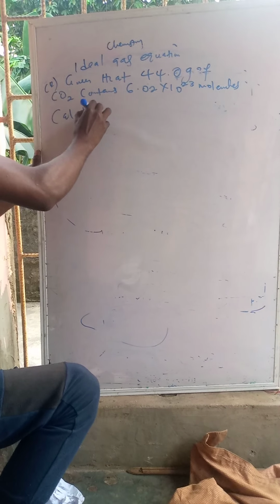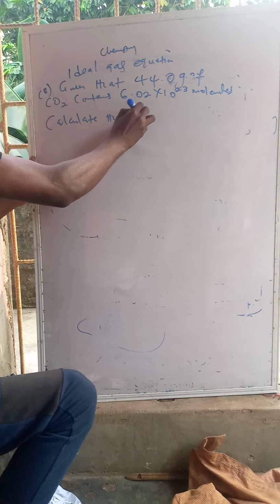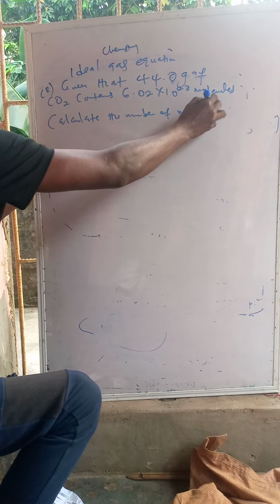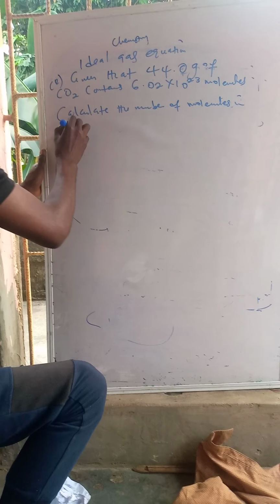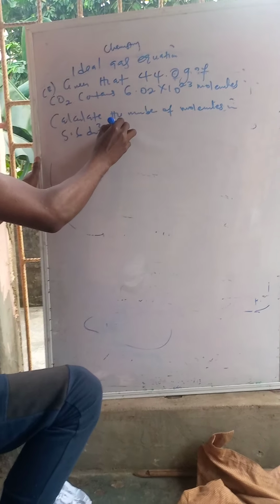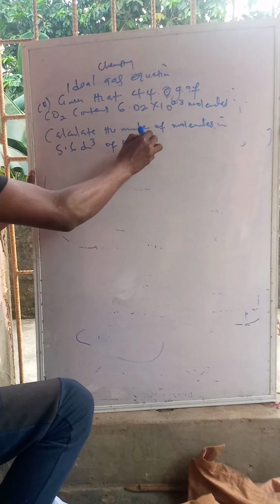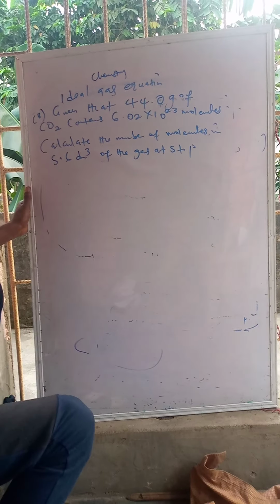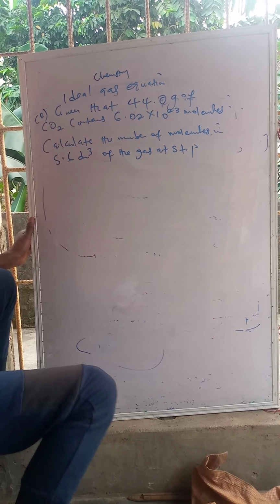Calculate the number of molecules in 5.6 dm cube of the gas at STP. So this is direct. This is what we're going to do right here.